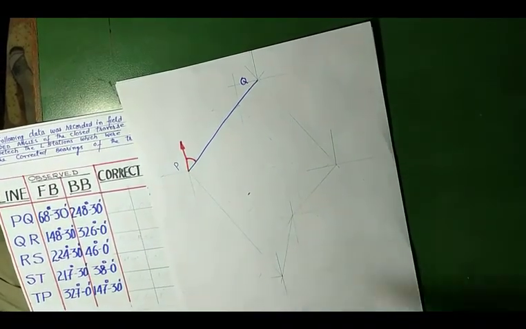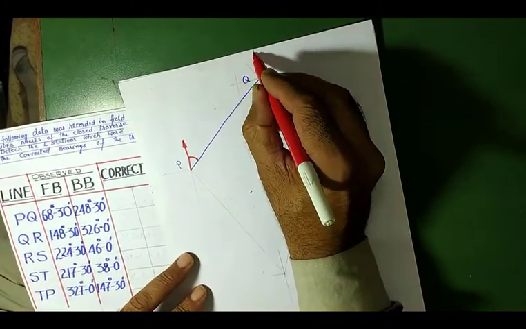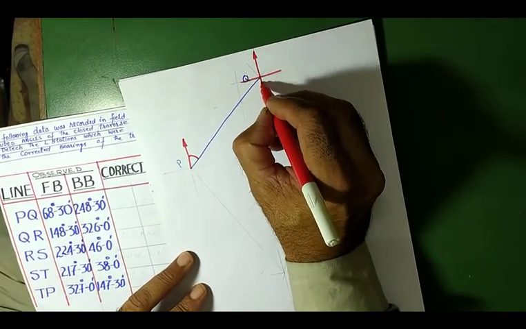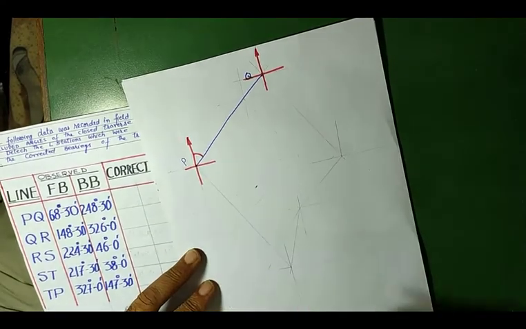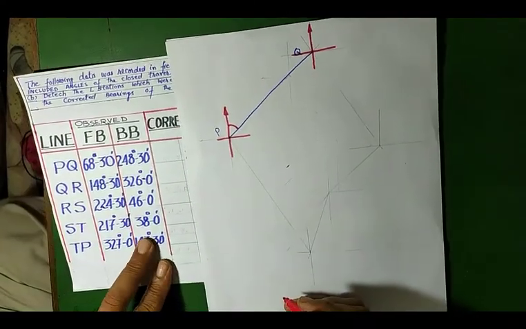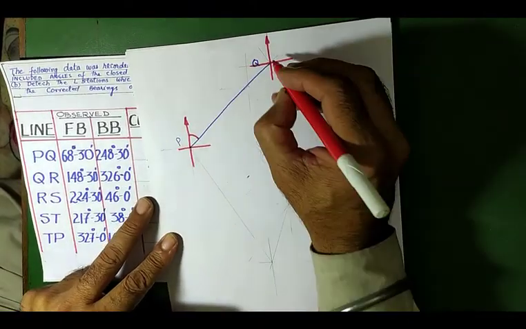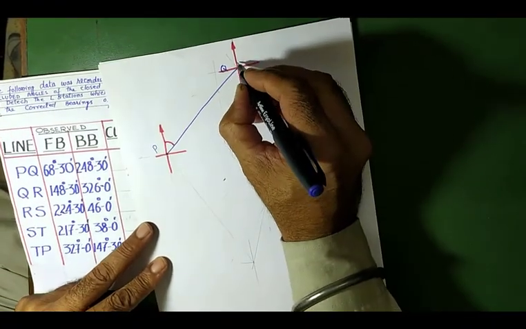Then again you draw the north line at this point. This is the north line over here. You can draw 4 directions like this also, it will be easy to understand. Now the QR line, its forward bearing is 148 degree 30 minutes. So this angle will be 148 degree 30 minutes with the north.